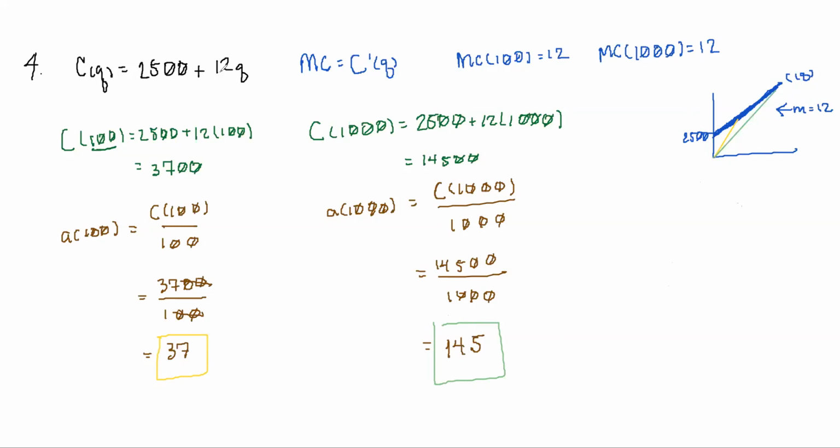But let's compare this to the marginal cost, which equals 12 at all times. Both of these have average costs that are greater than the marginal cost. I don't actually know where I was going with this statement.